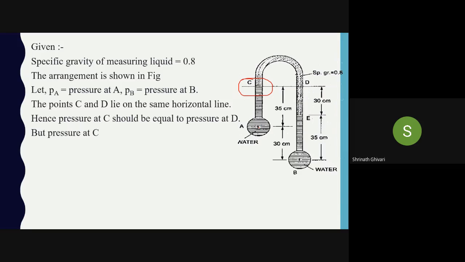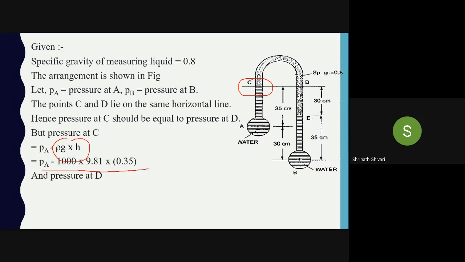Is this right? Yes, sir. So PA minus rho into g into h, or H, whatever you take in denotation. So PA minus 1000 into 9.81 into 0.35.